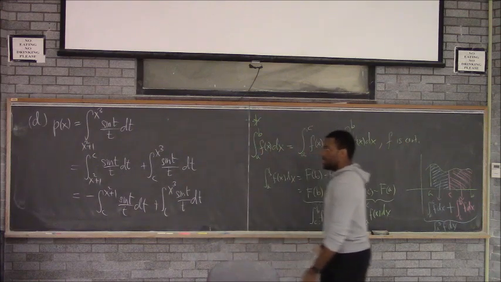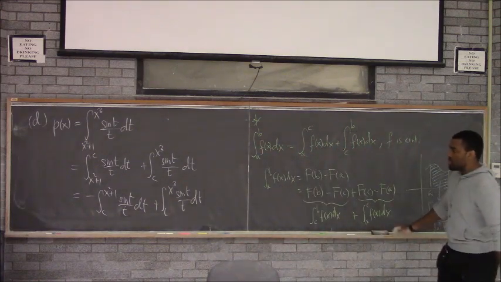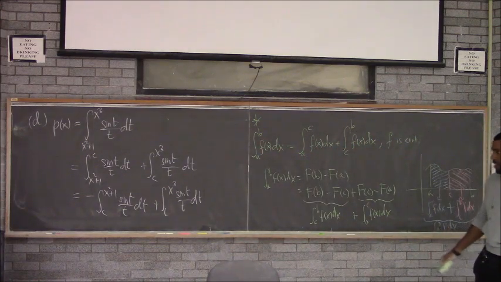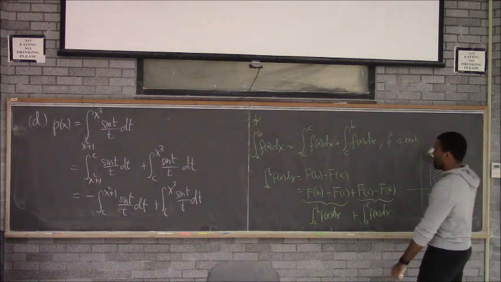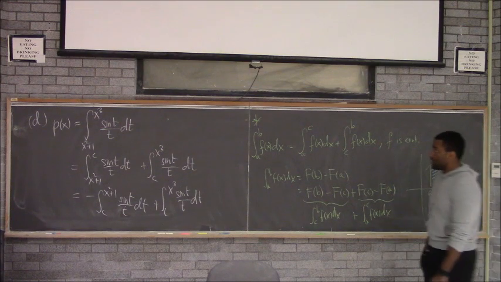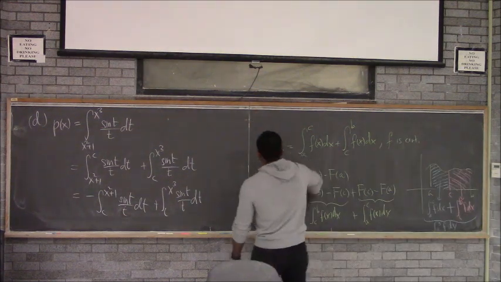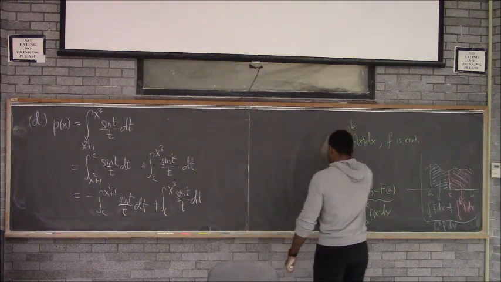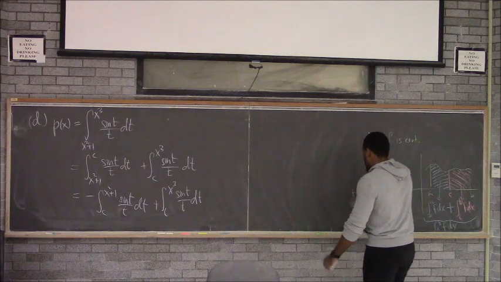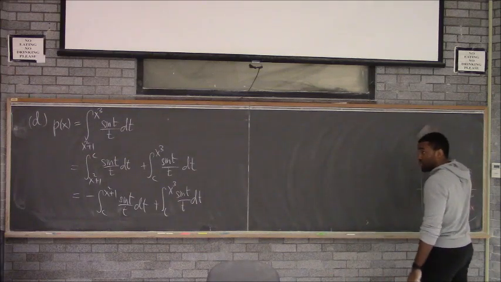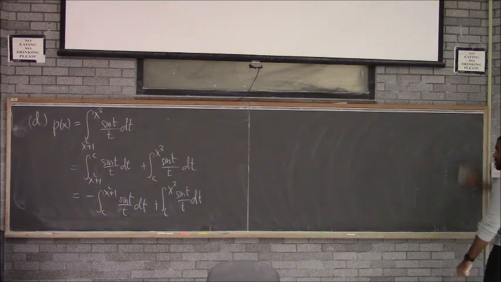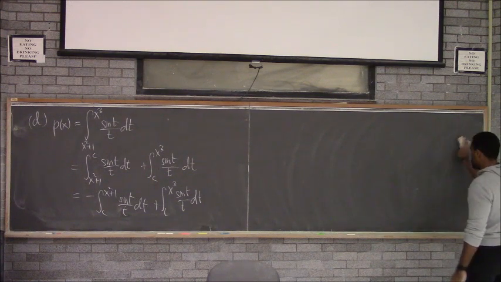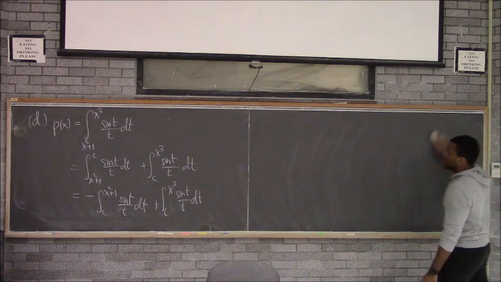So you can split an integral in two parts, putting in an intermediate point. That's valid as long as your function works on the intervals that you're splitting it up on, or at least works on each individual piece. And now you just apply the rule to each part.